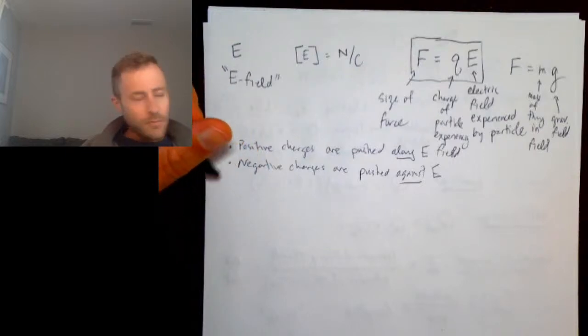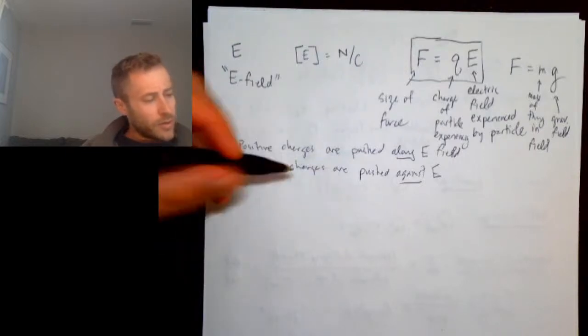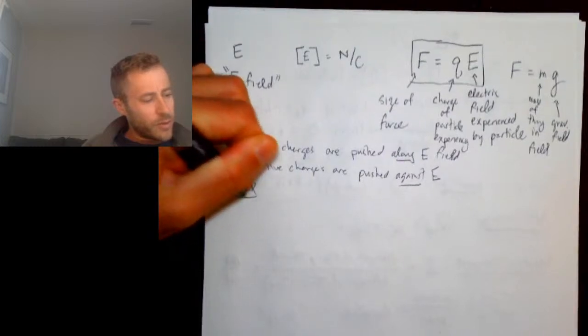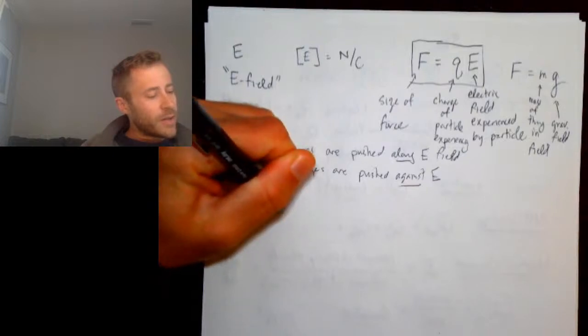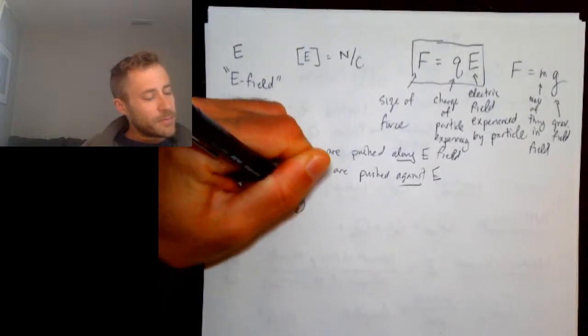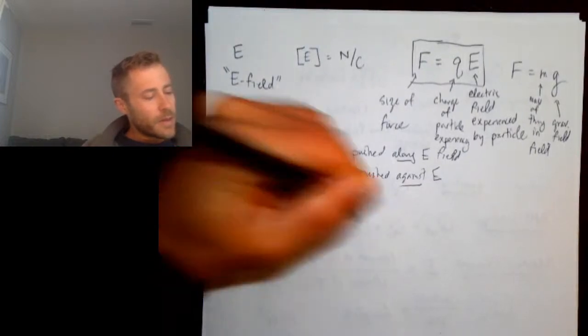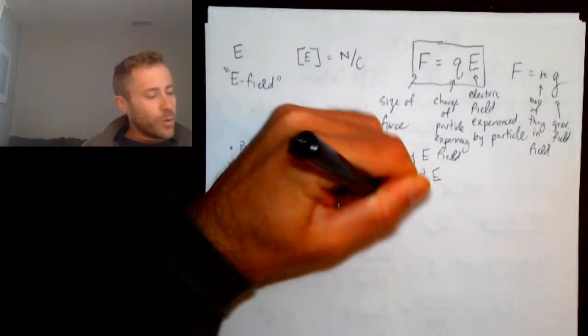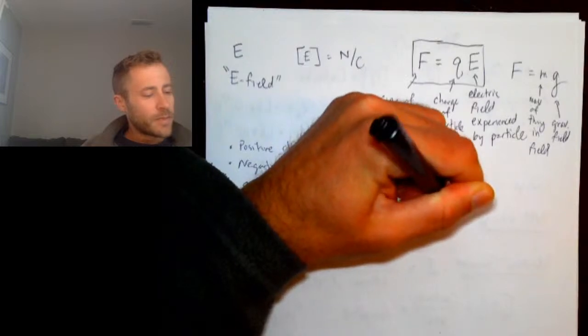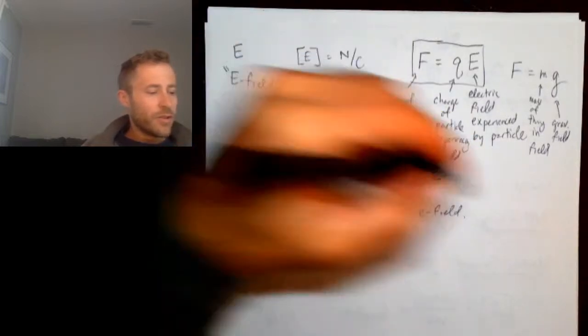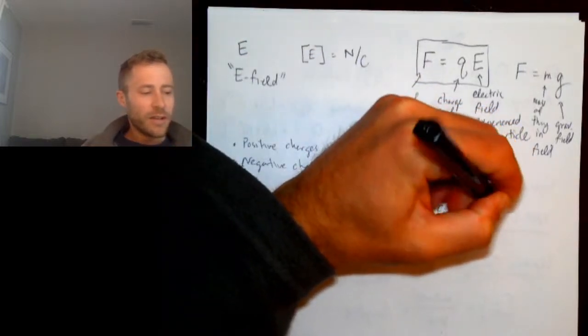So let's give some examples of how this works. What if we had an electron in a northward electric field? What is going to be the direction of the force in that case?